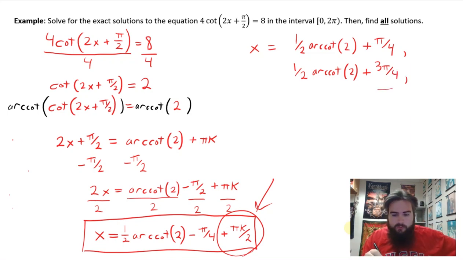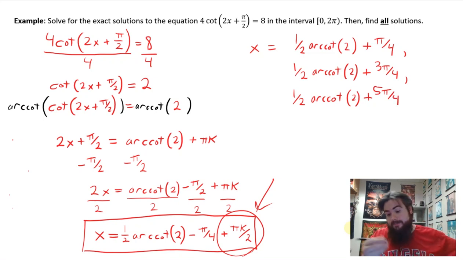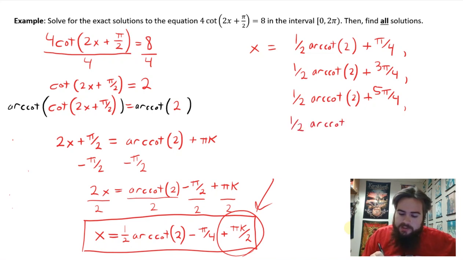This, again, is 3 pi fourths plus something less than pi fourths. That will fit less than pi, so it's for sure between 0 and 2 pi. If I keep going and add another instance of pi halves to this, this will now be plus 5 pi fourths. That 5 pi fourths plus something less than pi fourths will be less than 3 pi halves, so that's okay. And then also 1/2 arccotangent of 2 plus another pi halves would now give me 7 pi fourths.